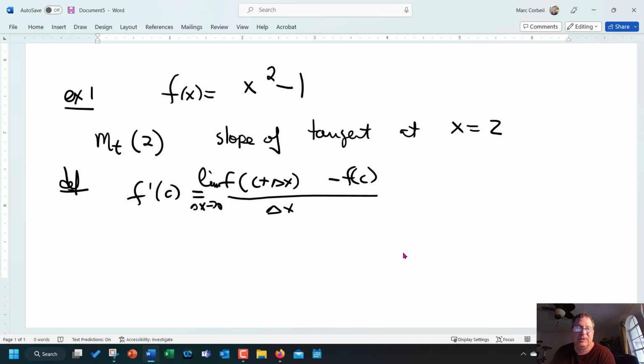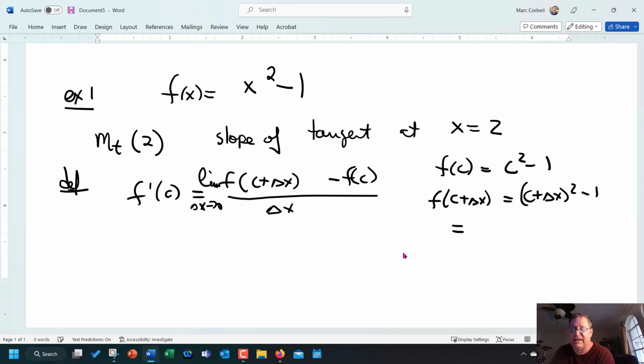So we're going to need a couple of things in there. We're going to need f of c. Well, f of c particularly is going to be c squared minus 1. And f of c plus delta x, that's going to be c plus delta x squared minus 1.